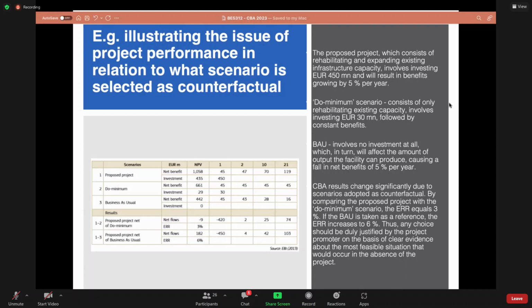If we don't undertake the project, then doing the minimum will involve only rehabilitating the existing capacity.